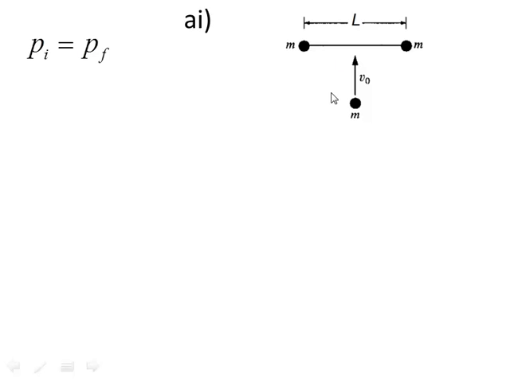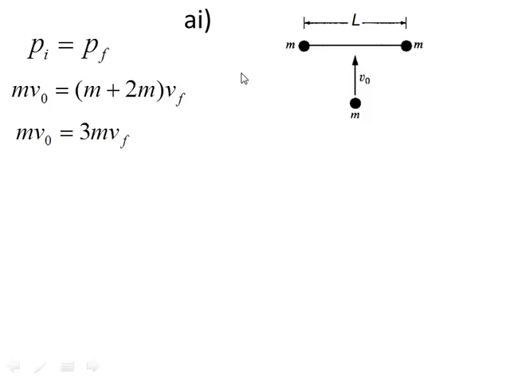The initial momentum of the system is just the momentum of the clay blob, so it'll be m v0. And then the final momentum of the system is this sticks to here, and they will all move that way together. So we have m v0 equals m plus 2m times vf.